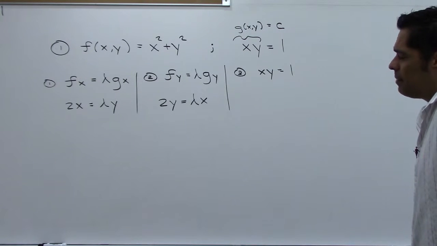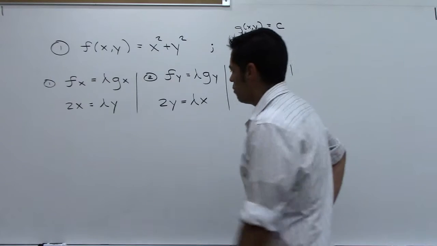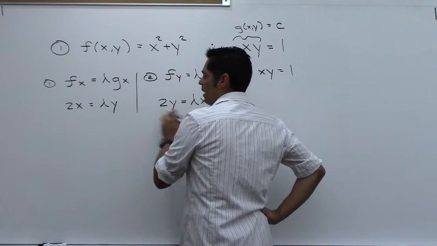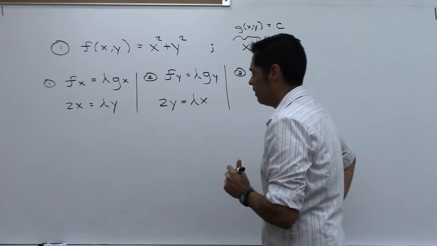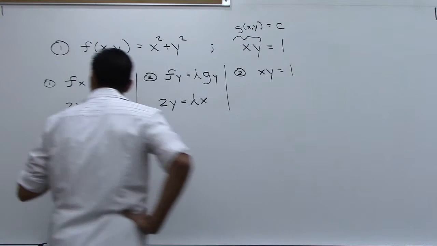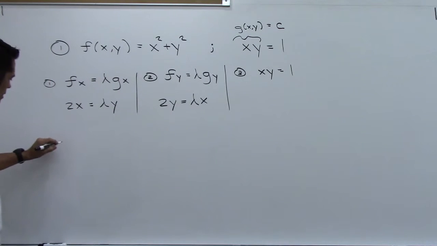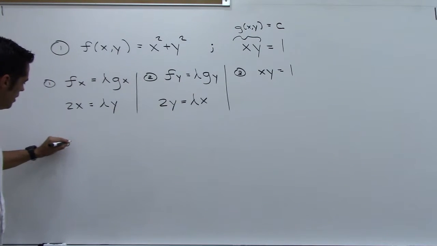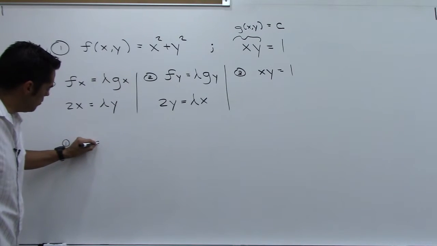All right, so a couple of options here. How should we do this? How about we try and solve each of these for lambda and then set them equal to each other? I take my first equation here. Okay, working with equation 1, I know that 2x must equal lambda y.